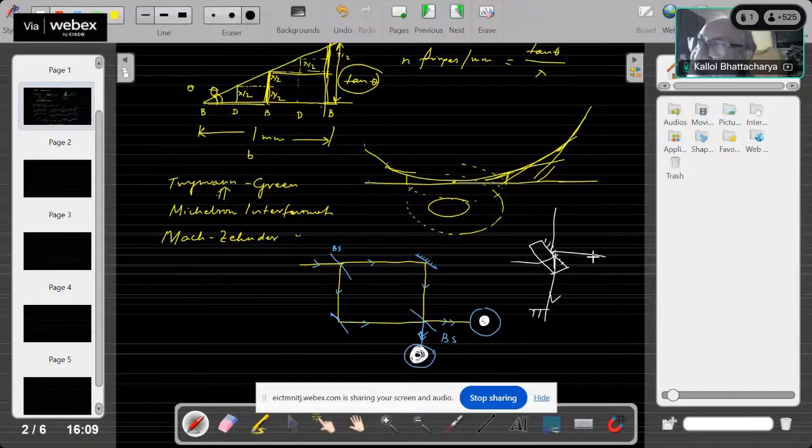And those who are conversant with Fresnel's equations will know that whenever you have air to glass, for example, light is coming from air and falling on a glass plate, a denser medium, in these reflections below the Brewster angle, you have a phase difference of pi.